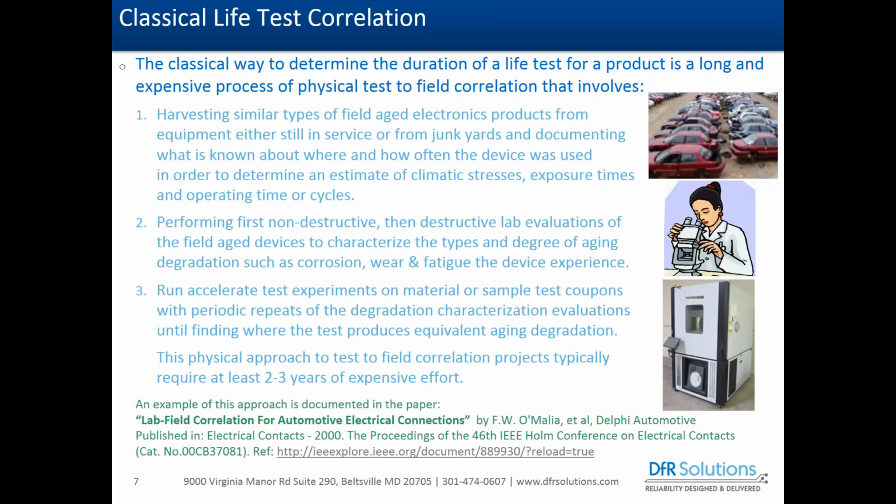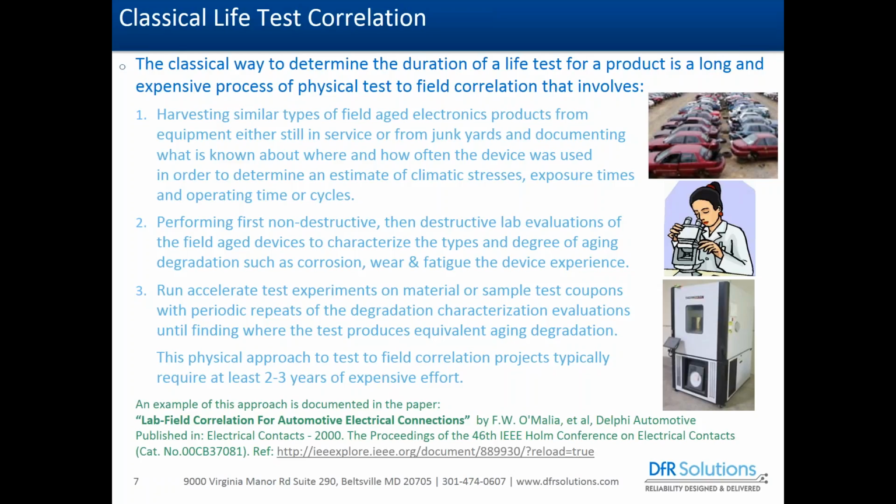And this typically could be a 2 to 3 year expensive effort for each item you wanted to investigate. And there's a very good paper that documents this approach. It's called Lab Field Correlation for Automotive Electrical Connectors by F.W. O'Malley.